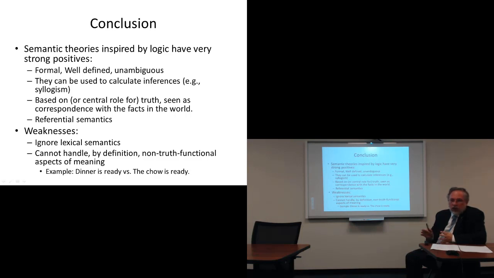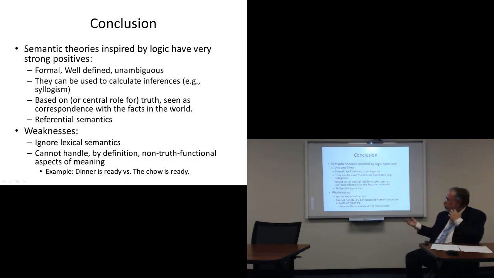So people say, well, that's a good foundation for meaning. Now, we need to be clear that all of these theories are based on a referential view of semantics, where the important thing is the referent. If you remember the picture that we showed at the beginning, with the sign on one side and the referent on the other side, truth-based theories of semantics are focused on the referent. That is, how are things in the world?